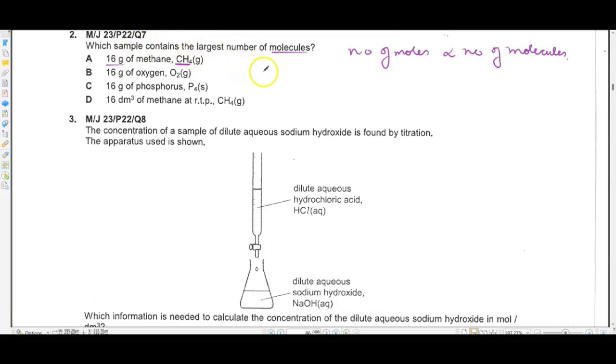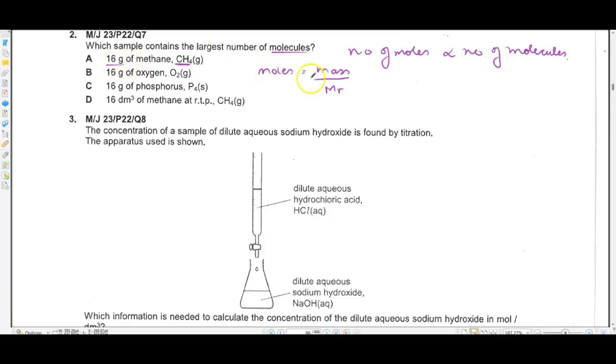So the first formula that I told you was number of moles is equal to mass of the substance over the Mr, which is the molecular mass. Okay.